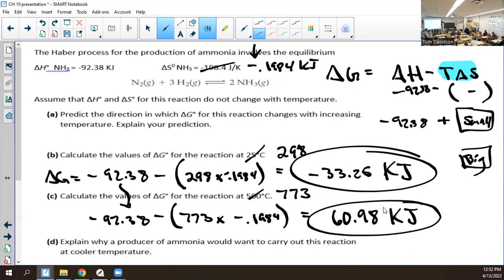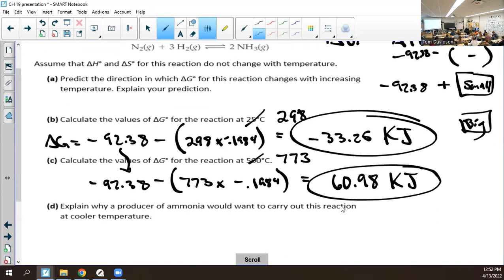Do we agree with that? All right. Was this a negative? Was this a positive?